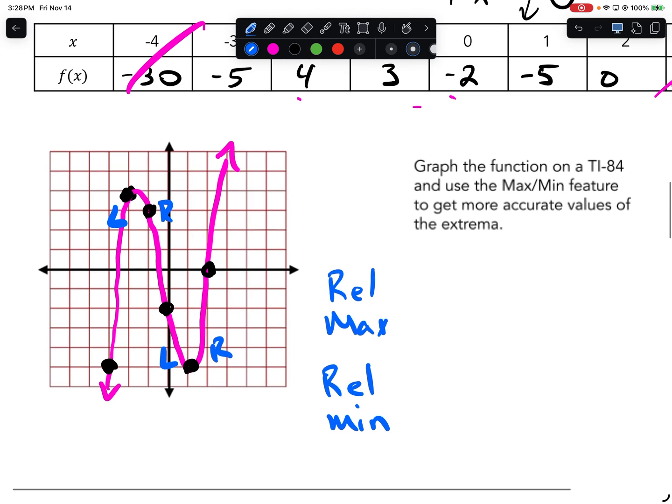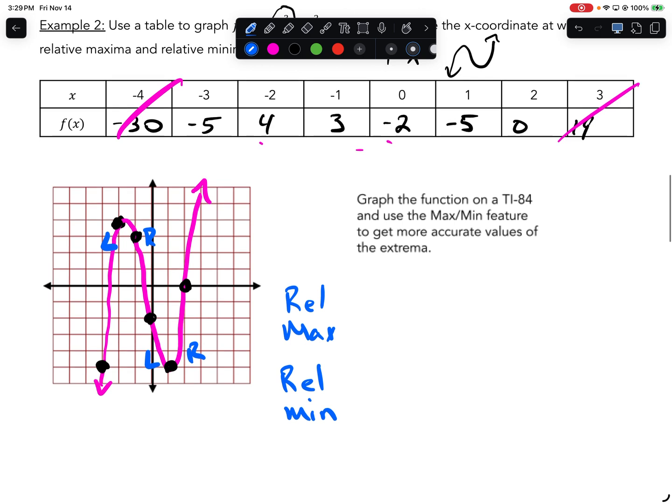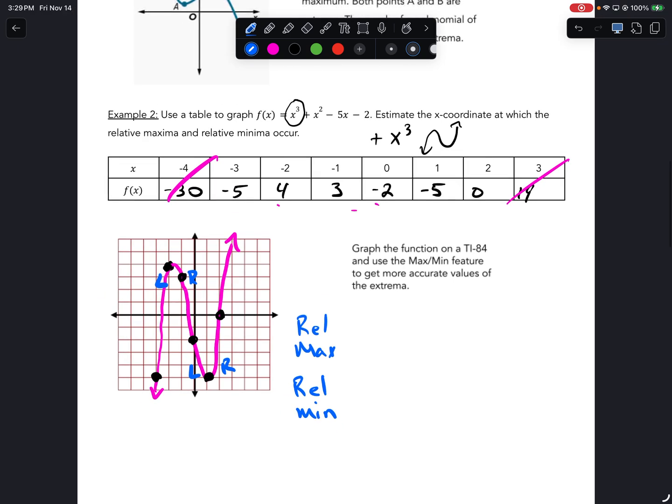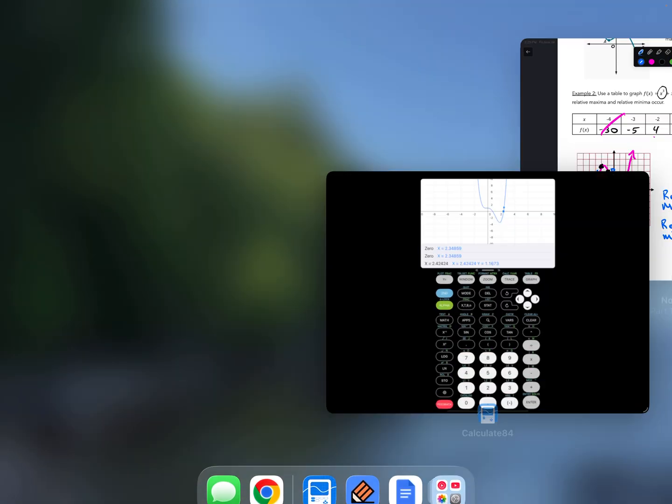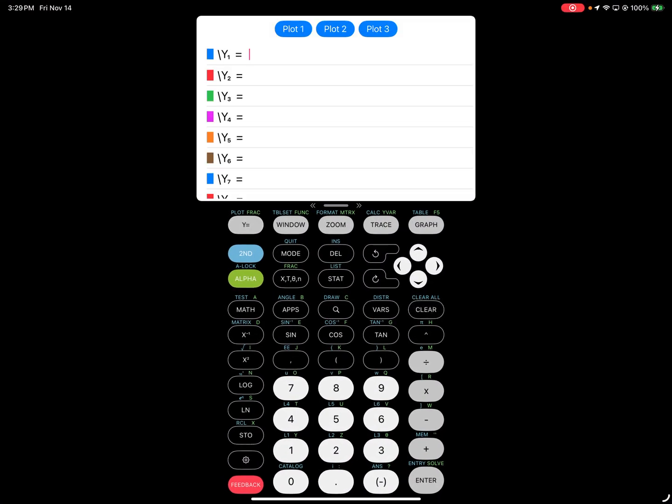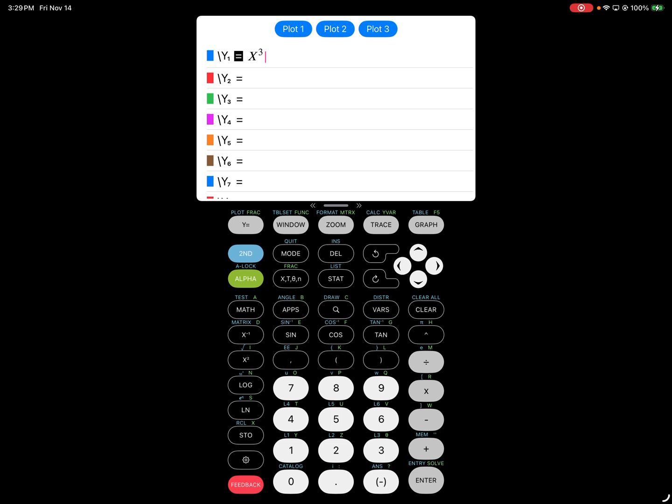So we're going to plug this into y equals and go second trace maximum for the first one. And if your graph doesn't end up looking like mine, then that's why, because you put something in wrong.